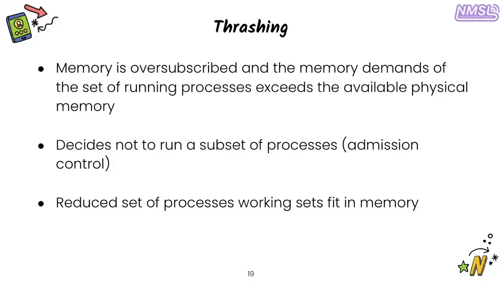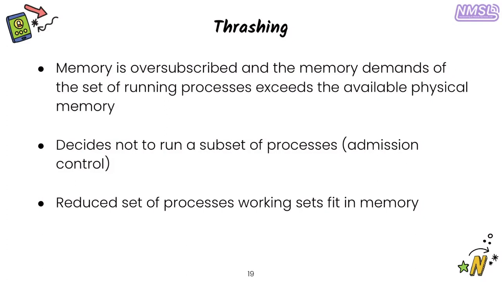One last thing, but this is the real last thing. Thrashing. Memory is oversubscribed, meaning the memory demands of the set of running processes simply exceed the available physical memory. Then you decide not to run a subset of processes.